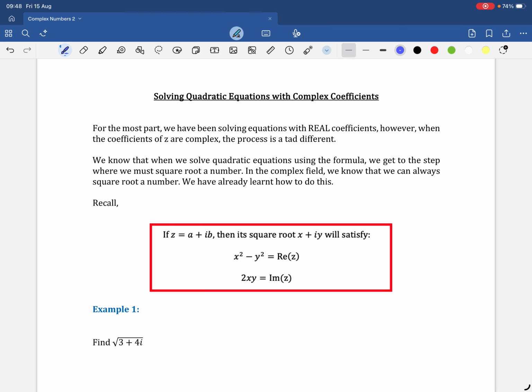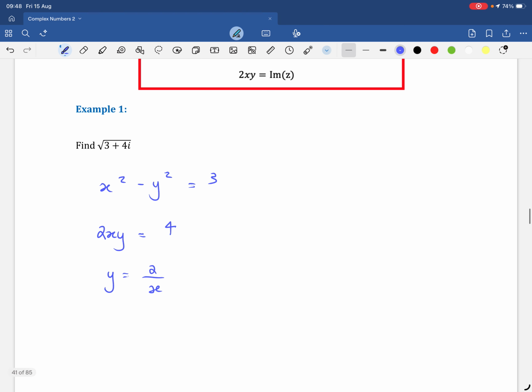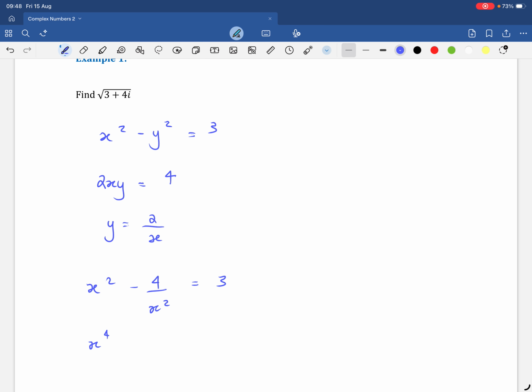more complicated. If we just remind ourselves how to solve this, we can say x squared minus y squared equals 3, and 2xy equals 4. If we solve that, we get y is equal to 2 on x, which means x squared minus 4 on x squared equals 3, which means we've got x to the power of 4 minus 3x squared minus 4 equals 0.